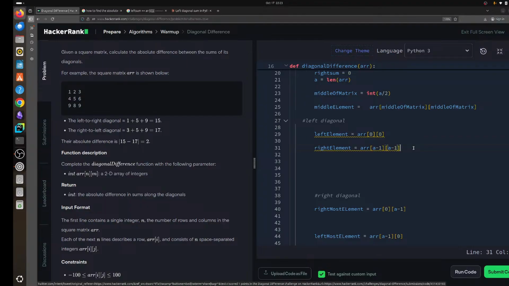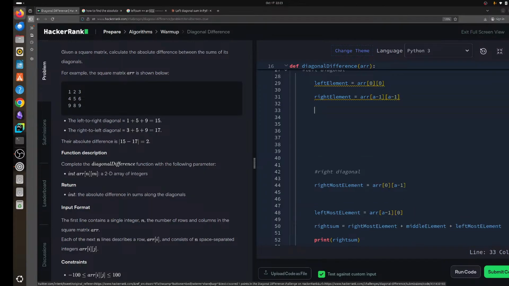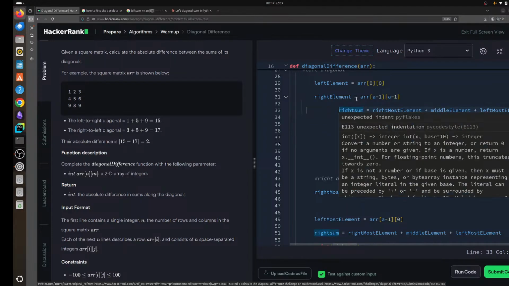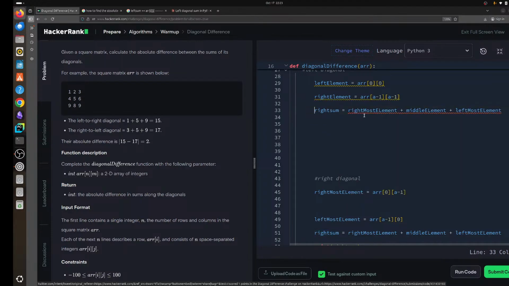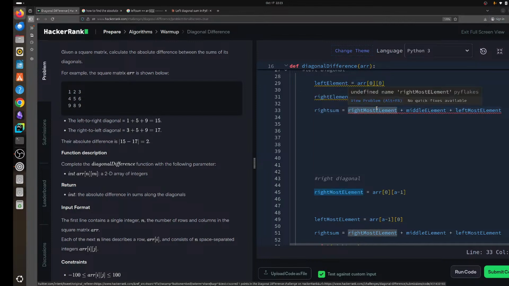Correct? Those are the last two elements, right? Then do this sum, Control V, left element plus right element, let's do it.